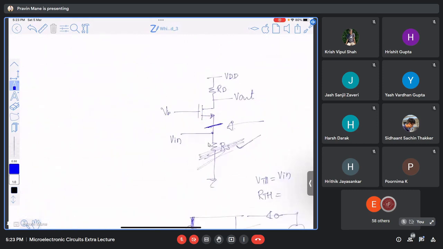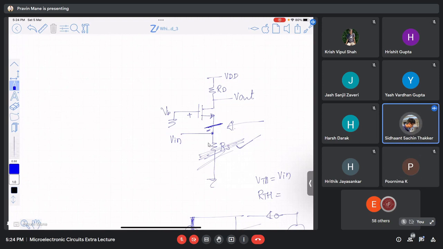So for the gain calculation, what is VGS? Can you tell me? What is VGS for this circuit? It is VB minus V. What current will flow in this direction?